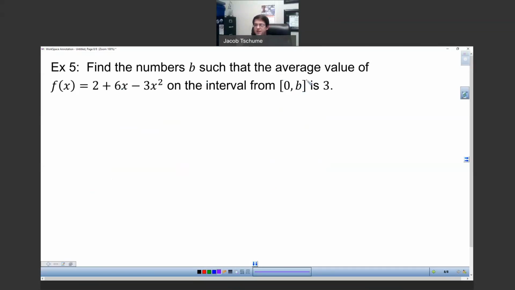All right. So first thing I'm going to do is find the average value function. So average value of f would be 1 over b minus a. Now, since b is not known, this would actually be 1 over b minus 0 times the integral from 0 to b of my function.